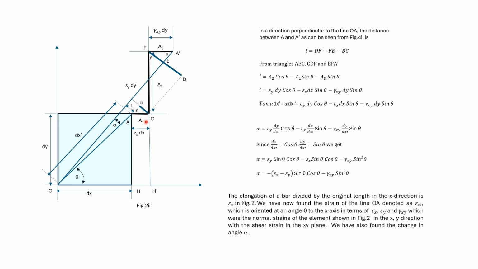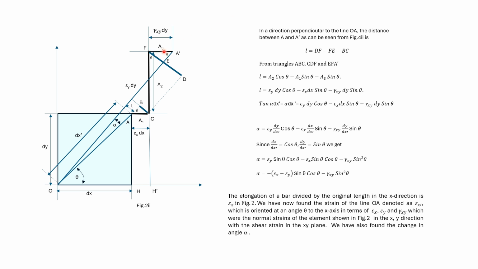The black lines give A1, A2 and A3. We can write these three dimensions in terms of A2, A1 and A3. We earlier determined these angles as theta. So dF is A2 cos theta.